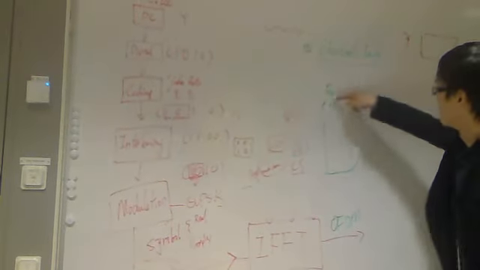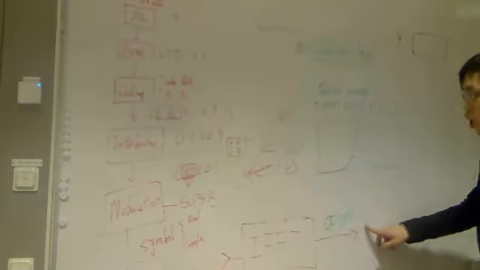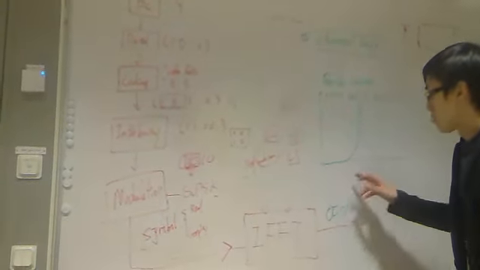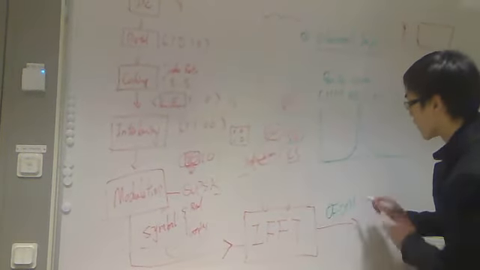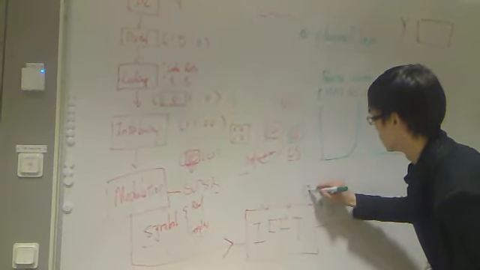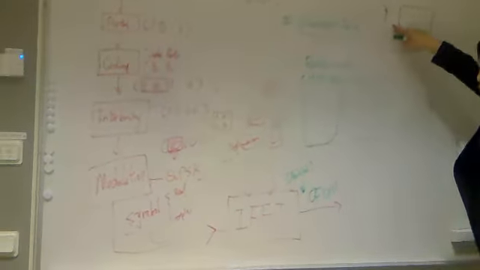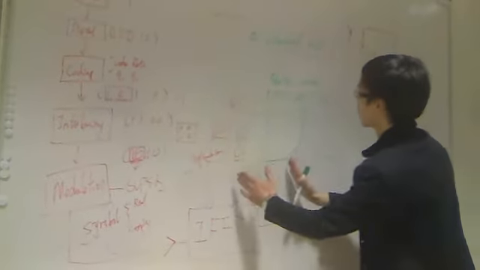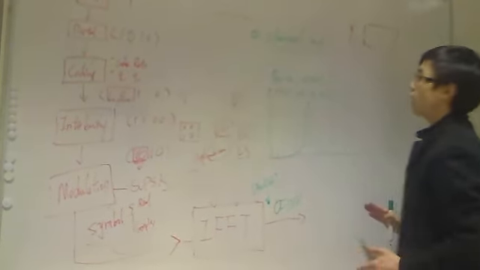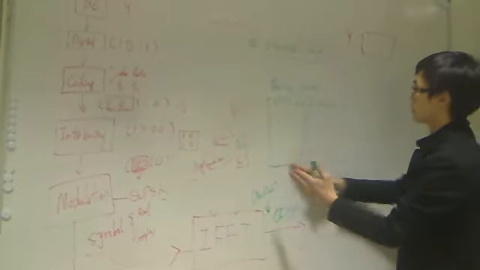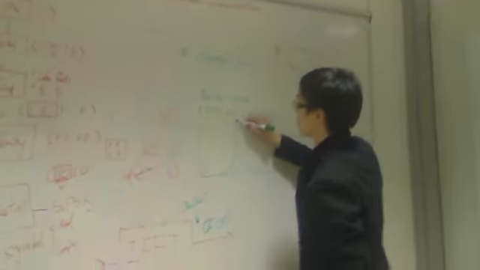This barcode code will be added on top of the OFDM symbol. After we get the OFDM symbol, we add the barcode code just before it. When the receiver receives the symbol, it takes the first barcode code and scans to get the power of the barcode code.